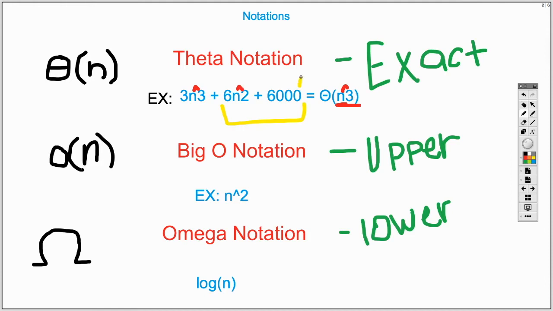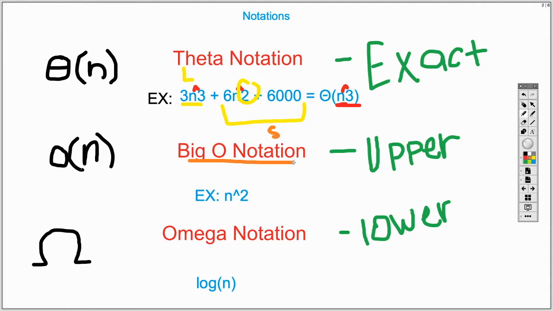This doesn't really have a power of anything, and this only has a power of 2. So these numbers would be considered smaller. But this number right here, not only is it powered to 3, like this one, but it's 3n to the power of 3. So this would be considered larger, and this would be considered smaller. That's what we mean by exact bound. There are both smaller and larger numbers present. So that's why theta notation is known as exact bound.